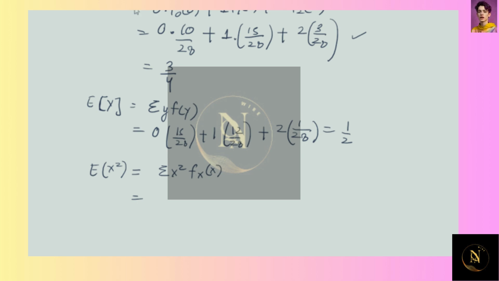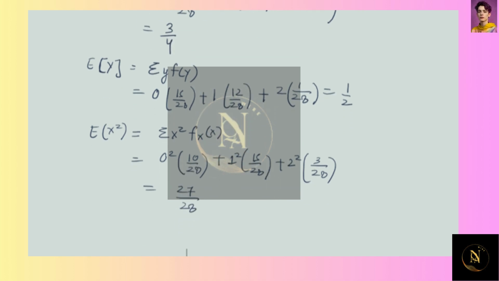This would finally be equal to 0 square multiplied by 10 by 28, then 1 square multiplied by 15 by 28, and last but not the least, 2 square multiplied by 3 by 28, and this would finally come out to be 27 divided by 28.